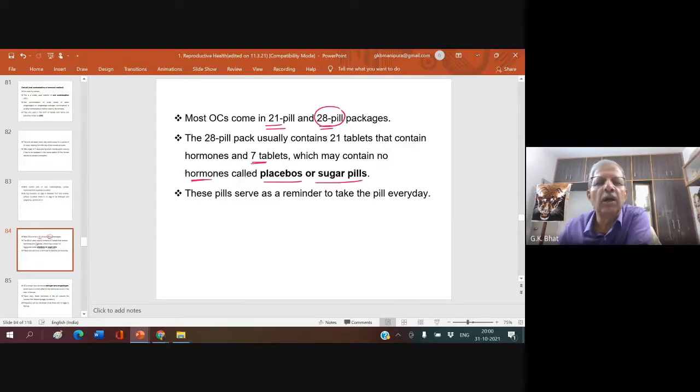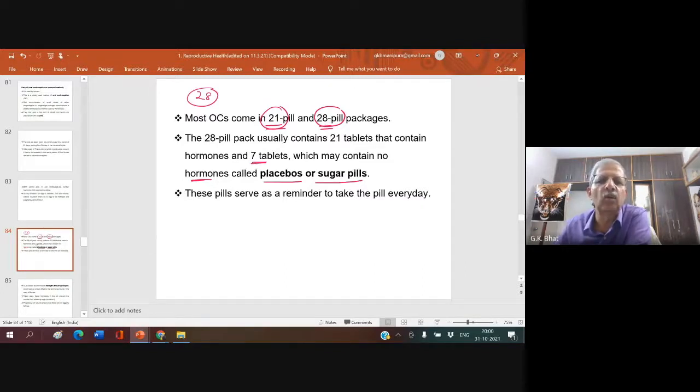In a woman who gets her menstrual cycle of 28 days, she has to remember on the 21st day to stop it, wait for her menstruation to occur, and after another 3-4 days, again start it.